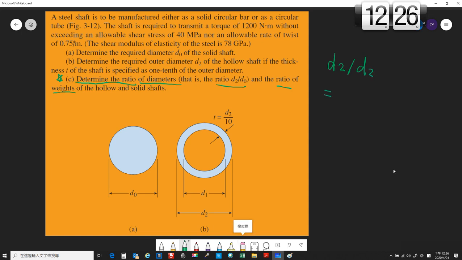Because in our previous calculation, for D0, everybody remember we chose D0 as 58.8 millimeter for safety.